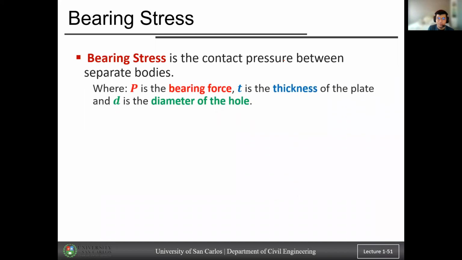Okay, so clearly defined, it's a contact pressure between separate bodies. So that's the highlight term there: separate bodies.